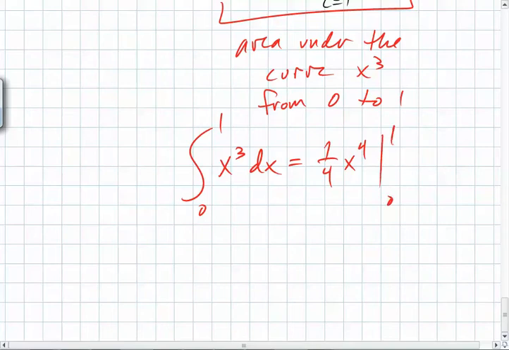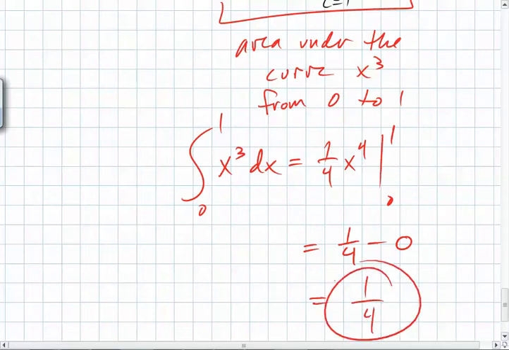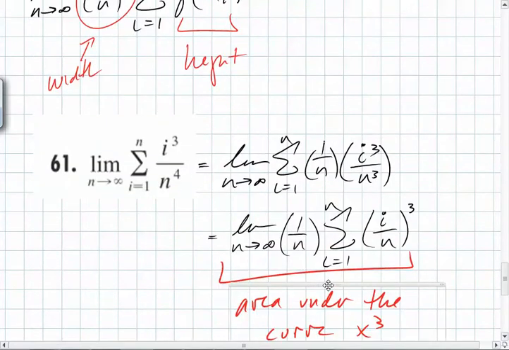You go lower to upper, 0 to 1. So what's that equal? 1/4 minus 0, which is 1/4. There it is. You've rewritten it to this, and you've recognized this as the Riemann sum representation of the integral from 0 to 1 of x cubed.